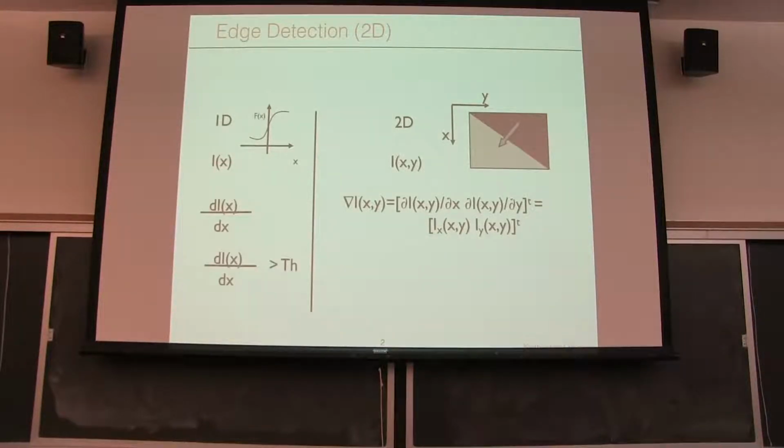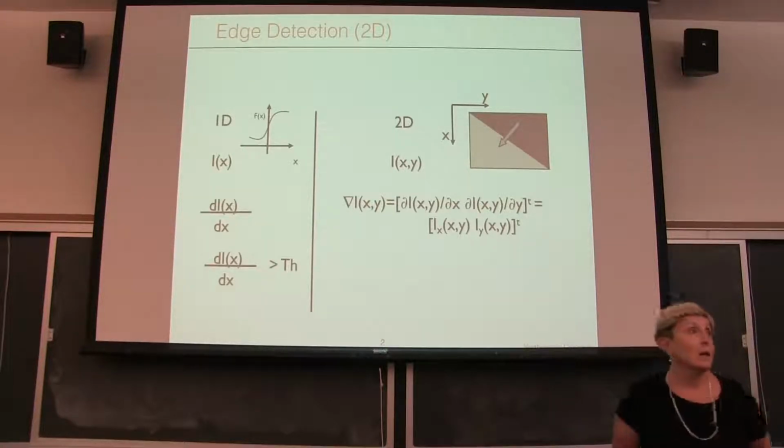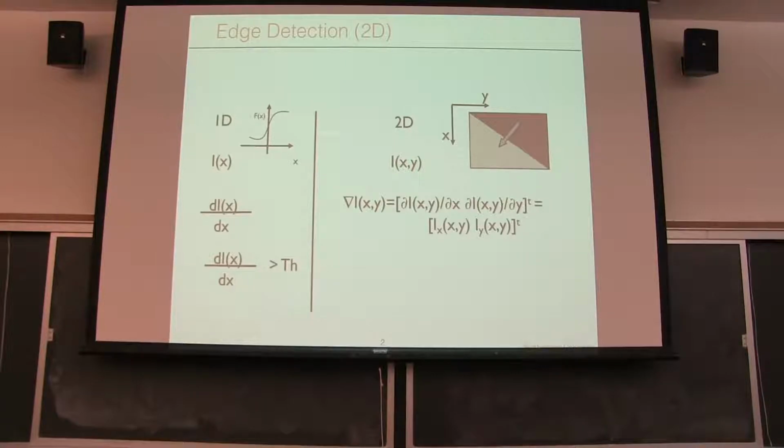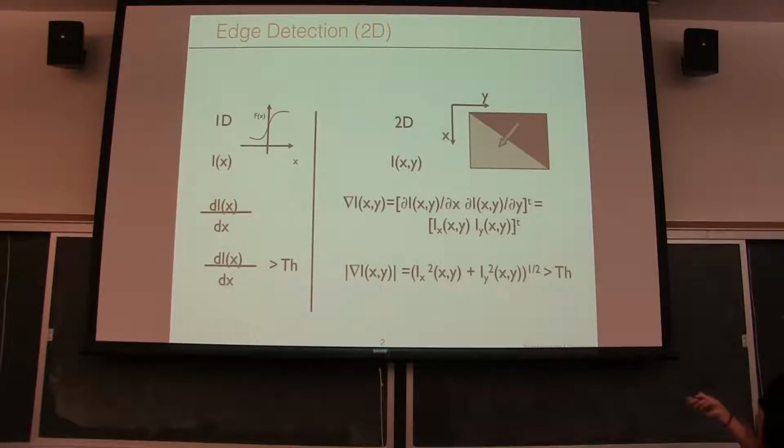So in 1D, we say that there is an edge if the magnitude of the derivative, the absolute value, I should be having an absolute value here, is greater than a threshold. And in the gradient vector, what we do is we compute the magnitude. And sometimes we compute the Euclidean magnitude, so it's the 2D norm, so the sum of the squares, the square root. Okay?